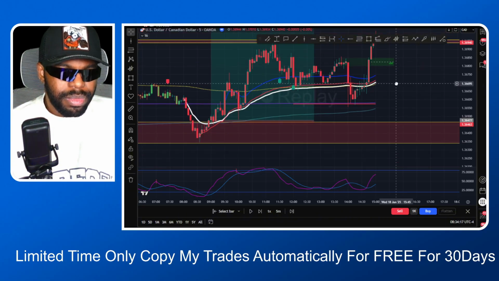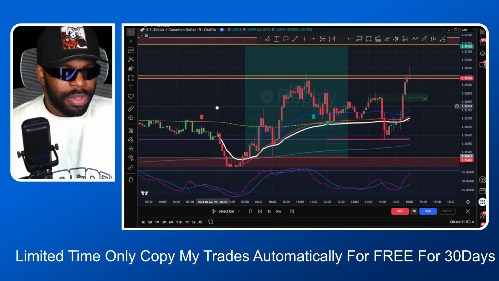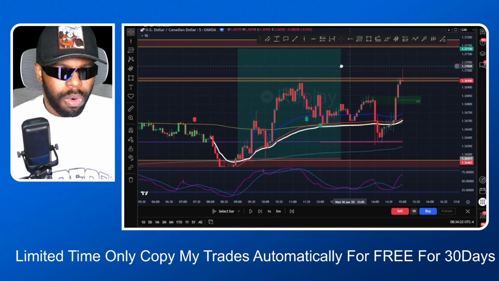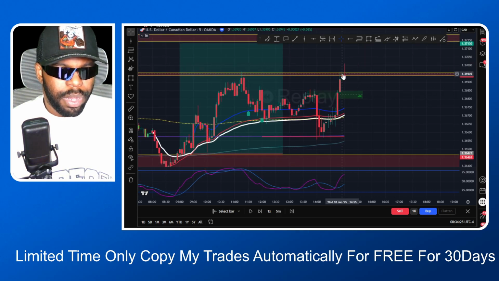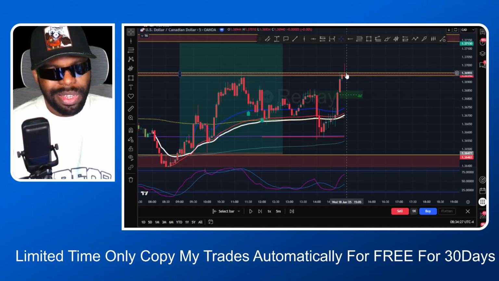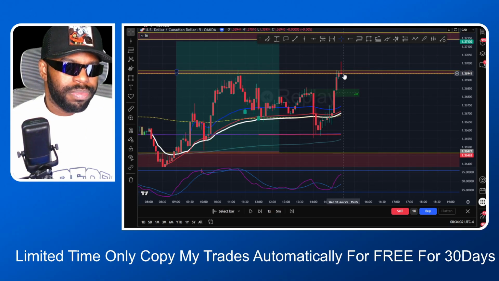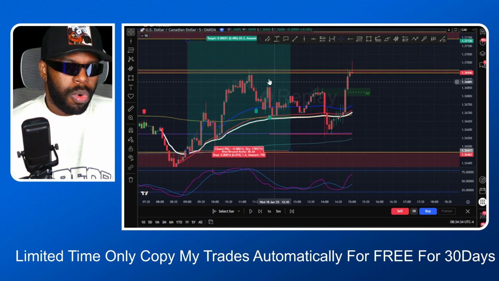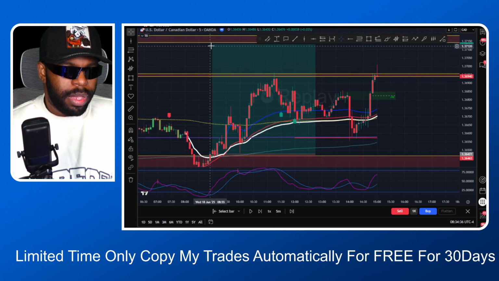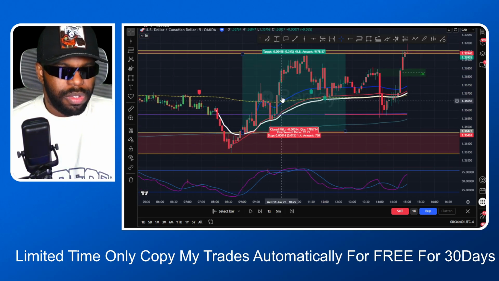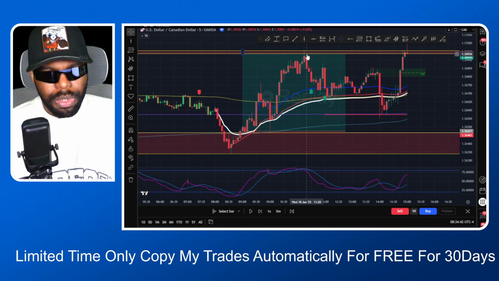So what you could have done on this trade was take profit here, or you could have targeted here, or get out of the trade here. So what I would do is I would have been out of the trade right here, or if you'd put your target right here, you would have got a 2.5 risk to reward there, and you could have taken the profits here.